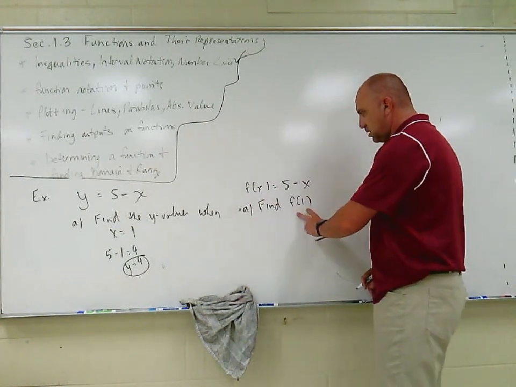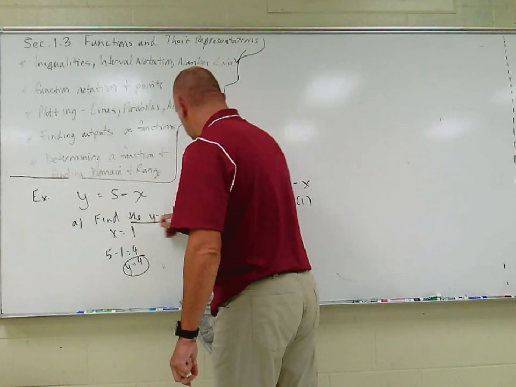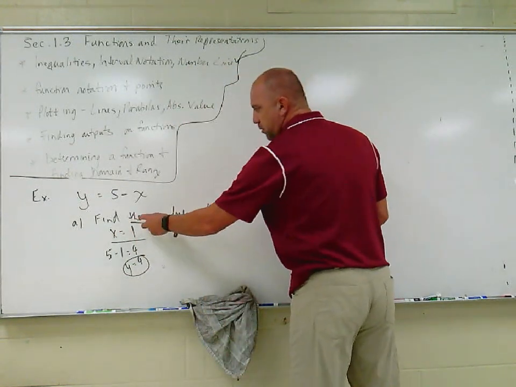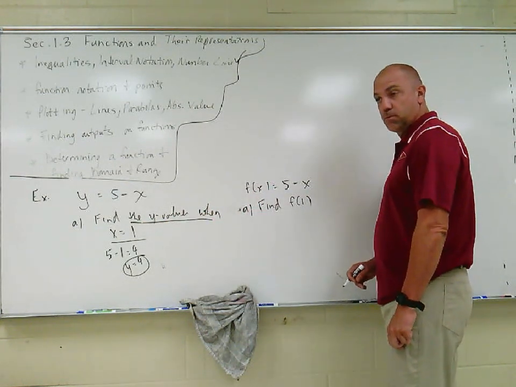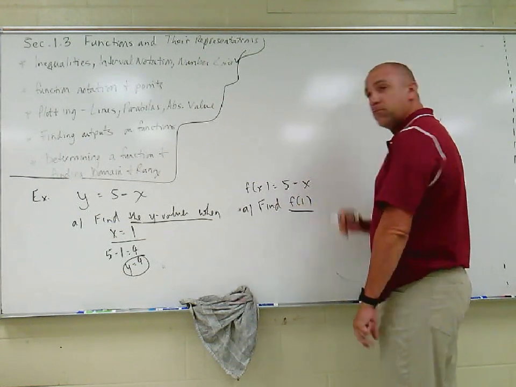So this is asking the same question as this. Just notice the words I had to write: after I put find, I put the y value when x is 1. Those are the words that I wrote there. Notice I put find, and then all I'm putting is f of 1.